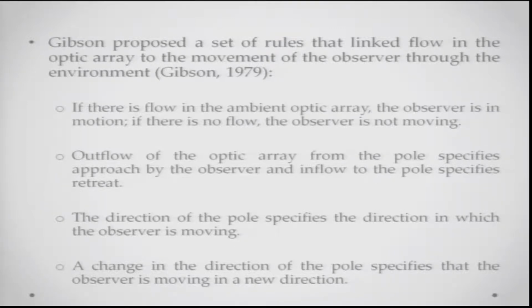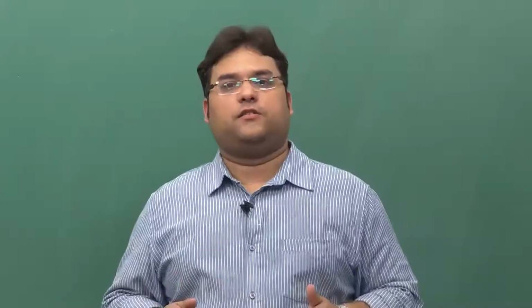Inflow to the pole specifies that you are moving away from a particular point. The direction of the pole specifies the direction in which the observer is moving. If the pole is right in front of you, you're moving towards it. If the pole is at the back, you're receding from it. A change in the direction of the pole specifies that the observer has changed direction.